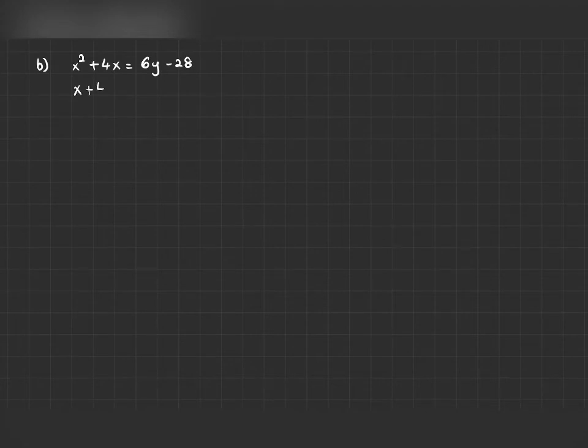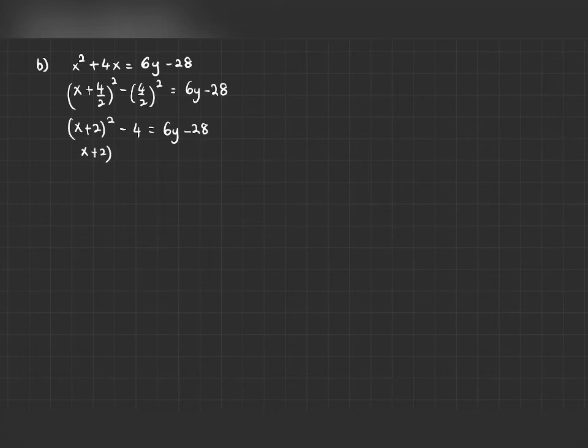So x plus 4/2 square minus 4/2 square equals to 6y minus 28. So x plus 2 square minus 4 equals to 6y minus 28. Dan pindahkan 4 tu. So 6y negative 28 plus dengan 4, kita ada negative 24.